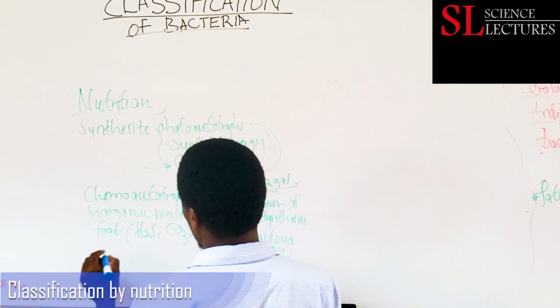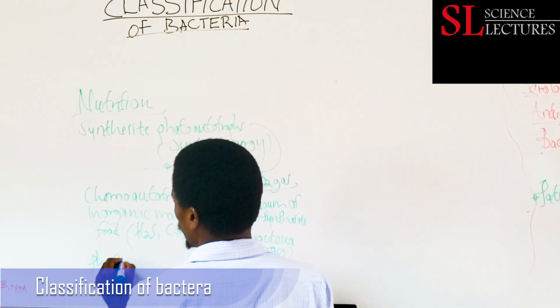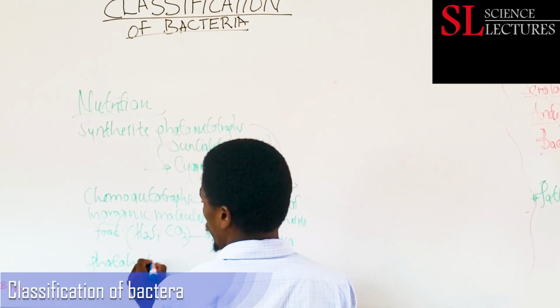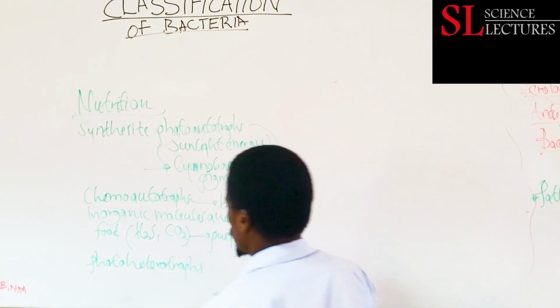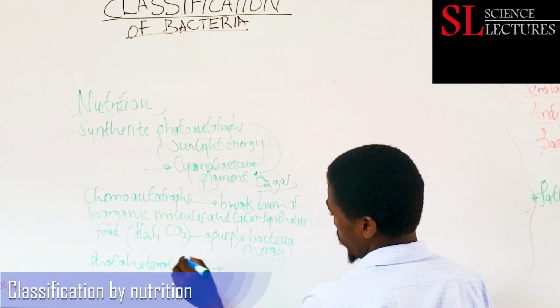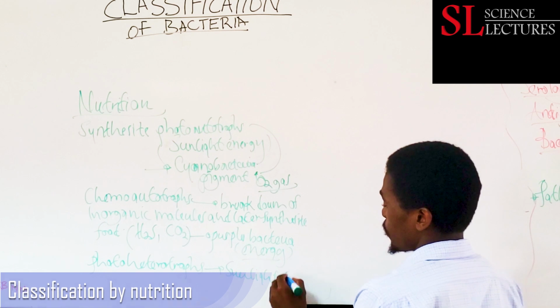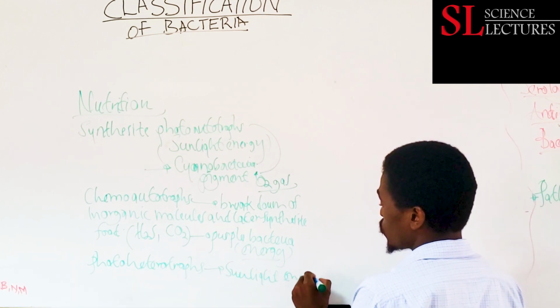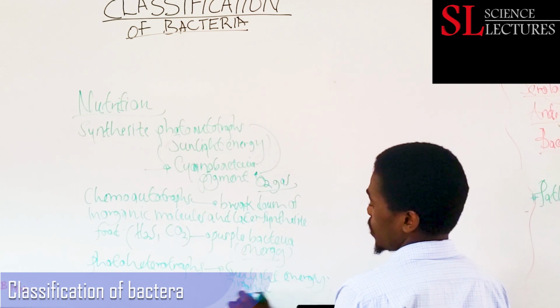Then we can also have other bacteria being photoheterotrophs. So these photoheterotrophs will obtain sunlight energy to make their food. However, they will also utilize organic foods.